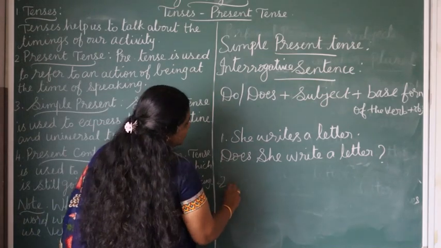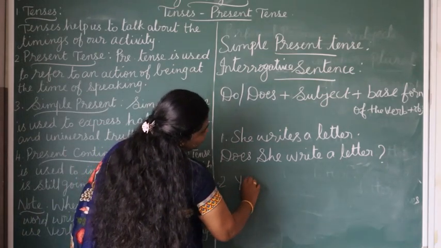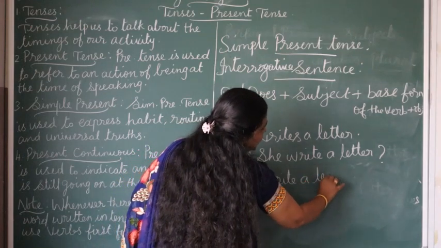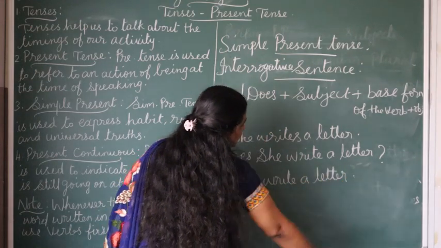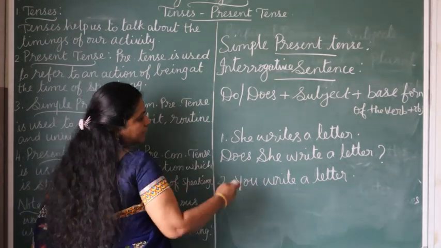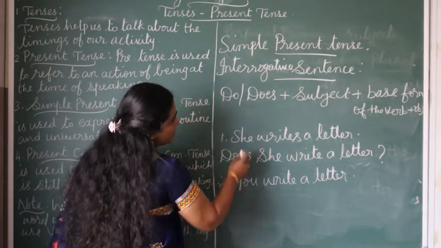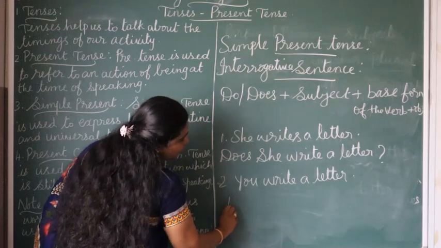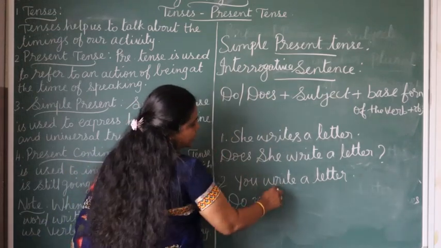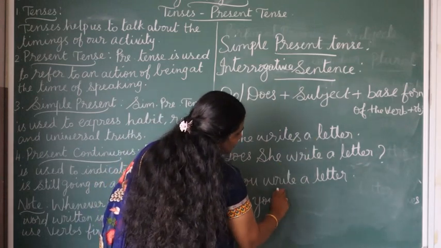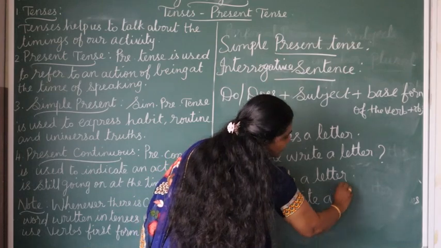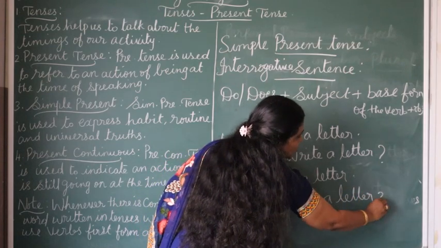So, next example, you write a letter. Here the subject is second person, it is considered as plural, so we use plural verb do, then subject you, then base form of the verb write a letter, question mark.